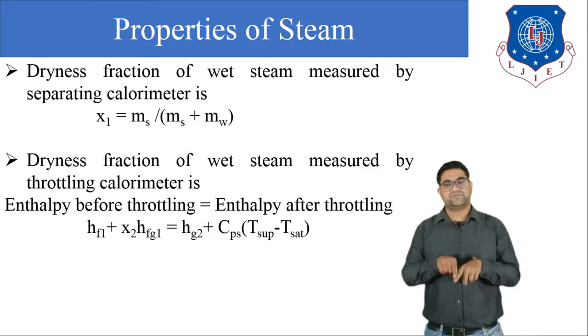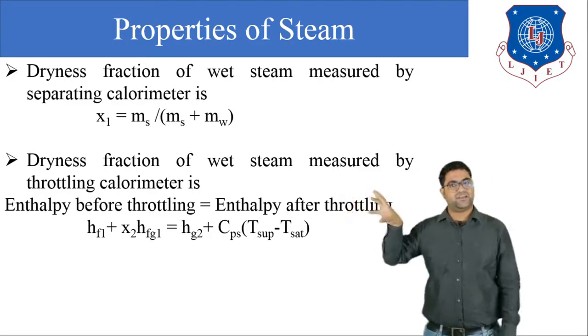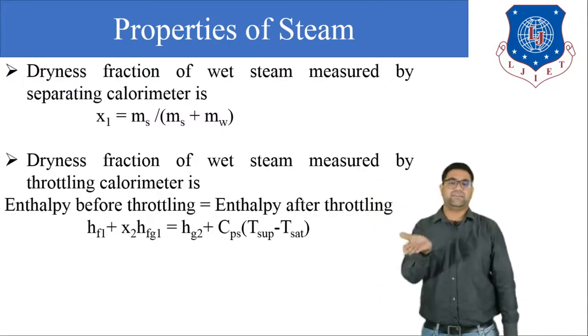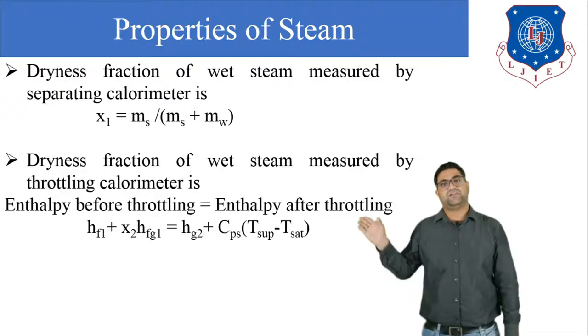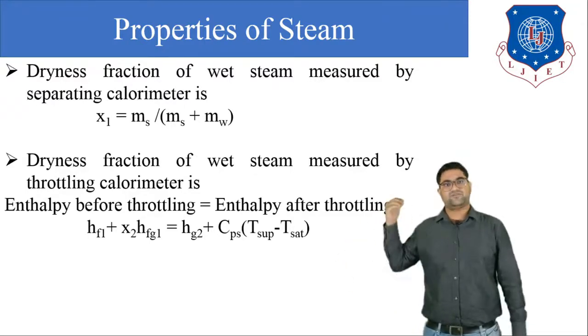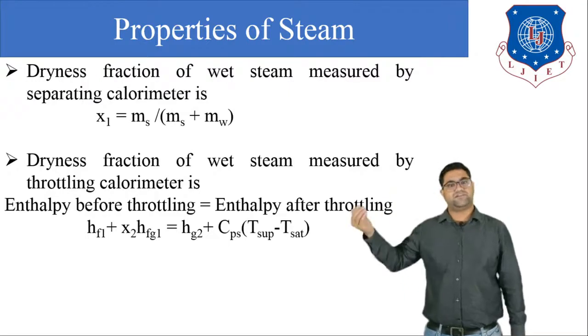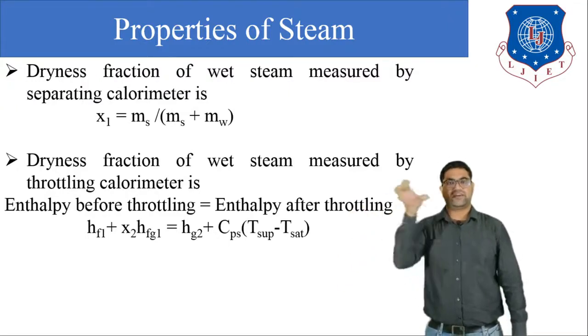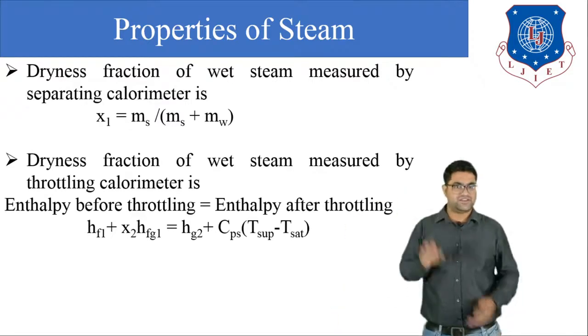How this equation comes we have already discussed in the throttling calorimeter. In the throttling calorimeter the enthalpy before throttling and enthalpy after throttling remain the same. So we can take the value and we can write this equation. Okay, so we have both the equations of x1 and x2. So with the help of this x1 and x2 we can get the final value of the dryness fraction.